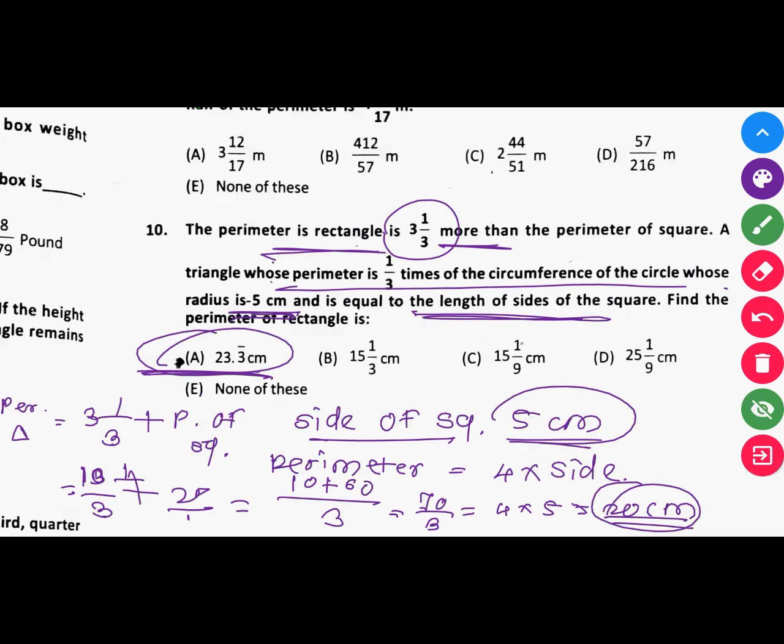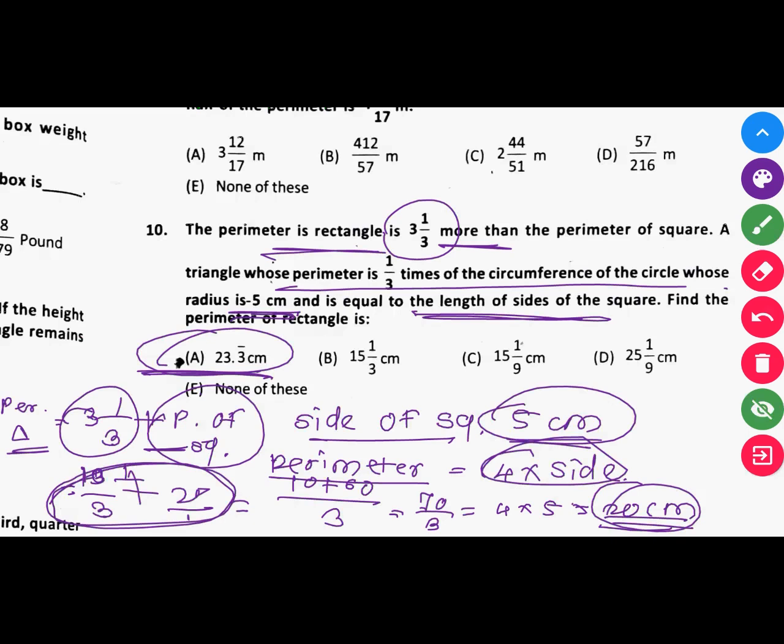So the side of the square is 5 centimeter, the perimeter of the square is 4 into side, which means 20 centimeter, and the rectangle's perimeter is 3 upon 1 by 3 centimeter more than the perimeter of the square. So simply just add the two things and you got your answer.